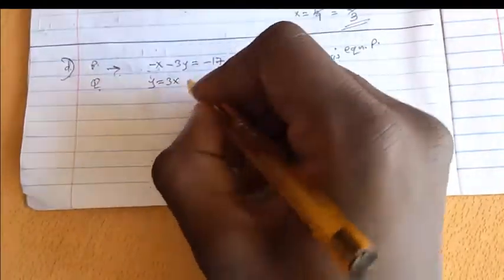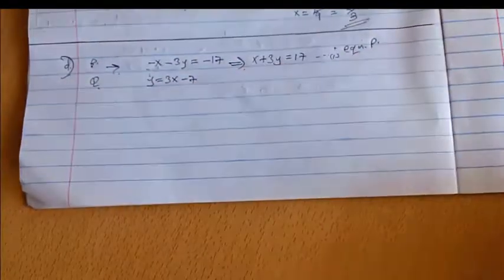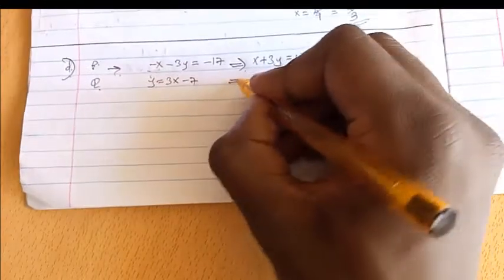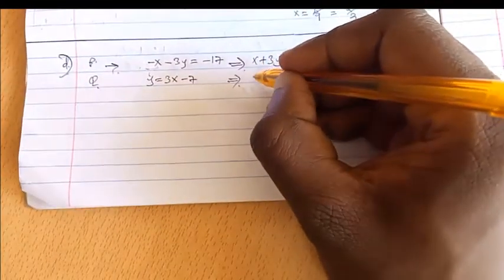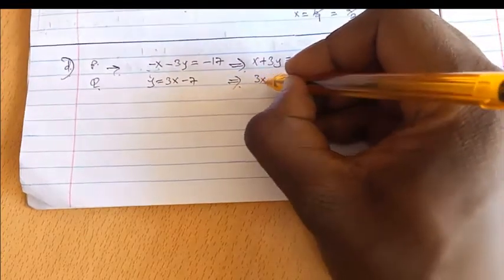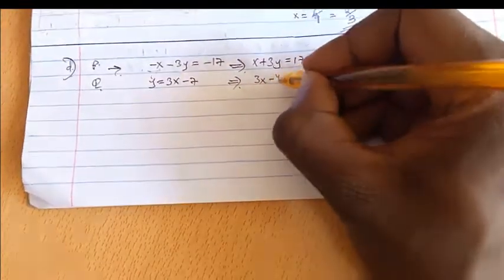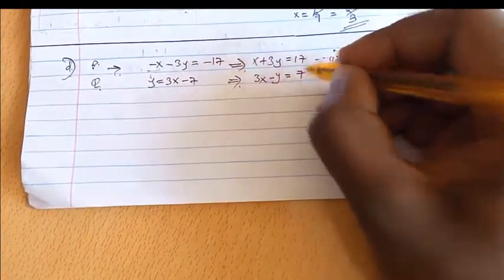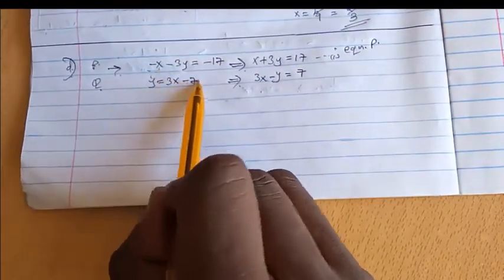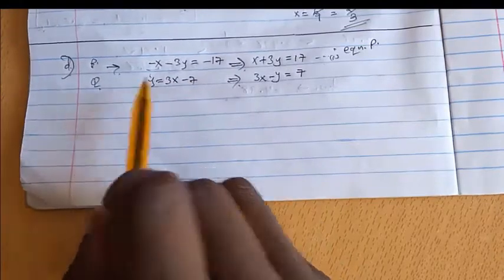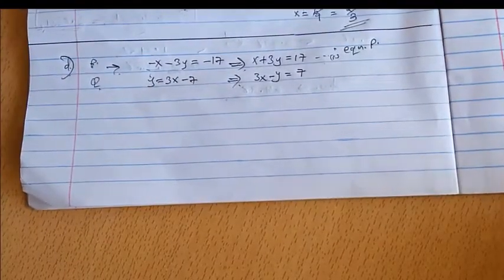It is right for me to say 3x minus y is equal to 7. I simply took this negative 7 up and placed it on the position where y was initially. So this will be equation number 2. So that is the equation of line Q.